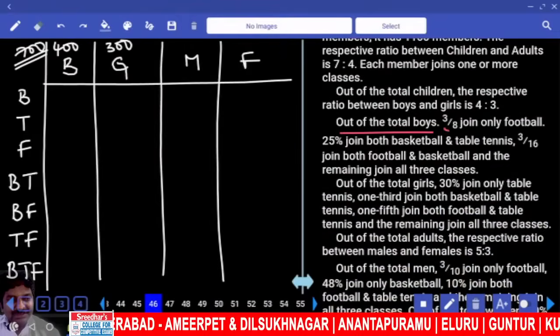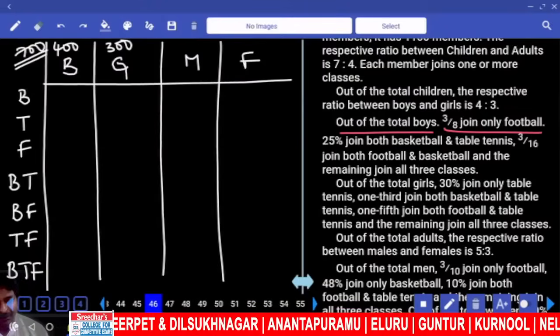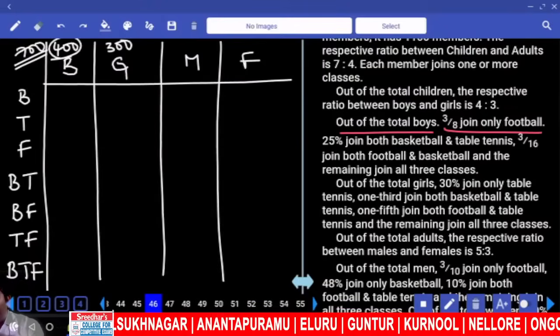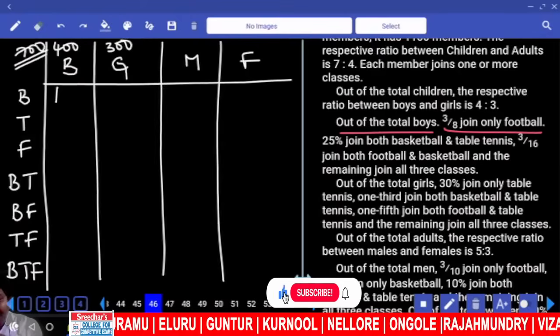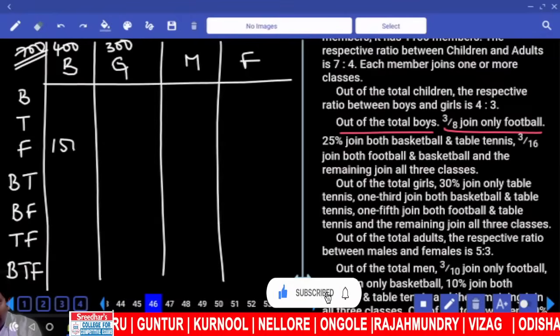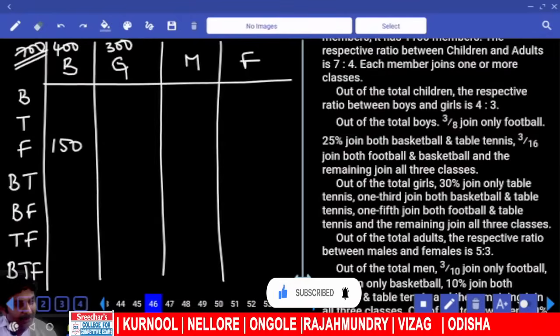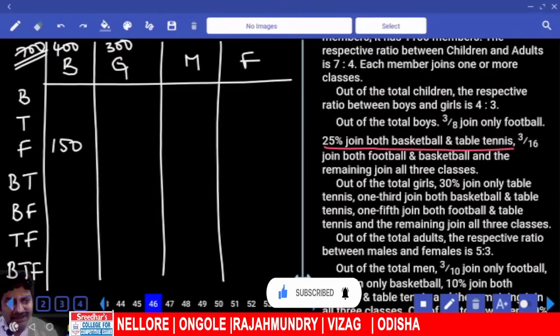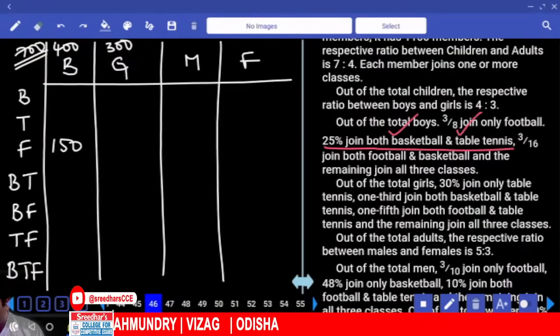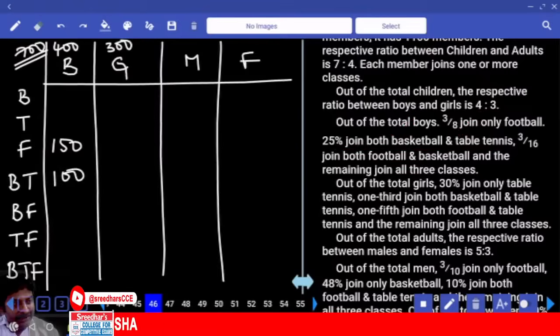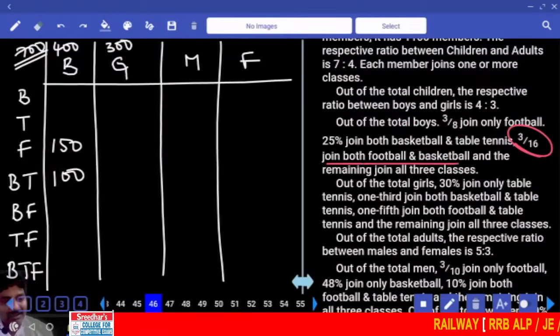Out of total boys, 3/8 join only football. What is 1/8 of 400? 50. 3/8, 3 times, 150 play only football. 25% join basketball and tennis. B and T, 25% is 1/4, 100, BT. 3/16 join both football and basketball.